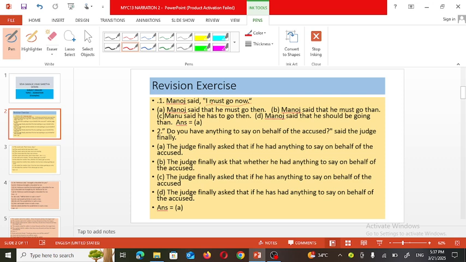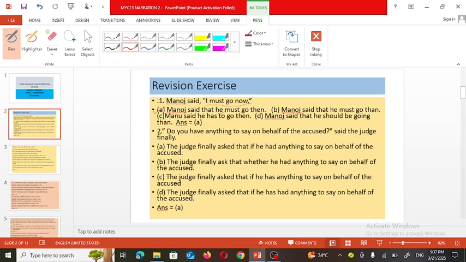As the dialogue uses must, a modal auxiliary, how do we make the changes? See here, Manoj said, the conjunction will be that. This is the dialogue of Manoj, and that's why the pronoun he can be used. So Manoj said that he must go then, and therefore option A is correct.